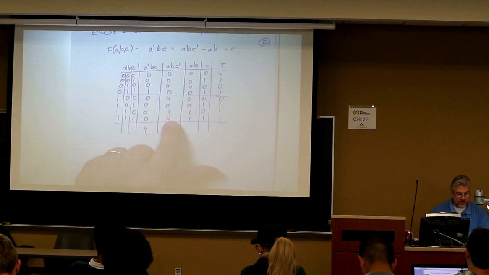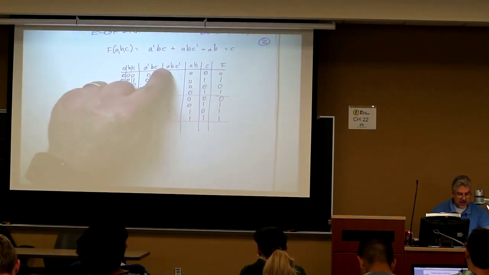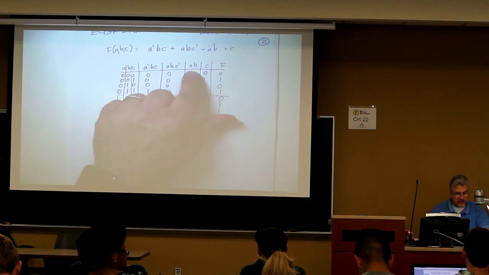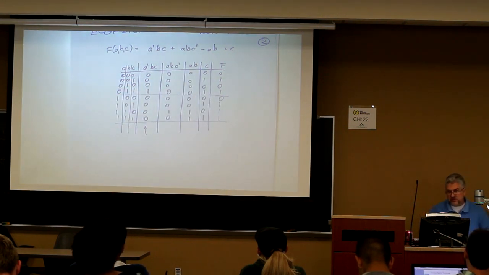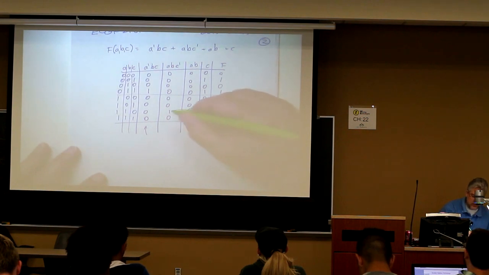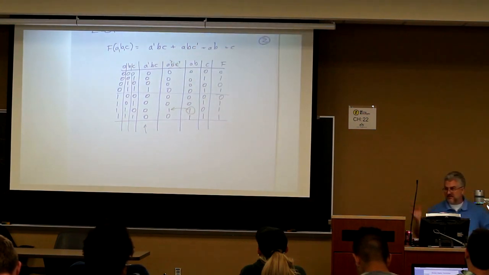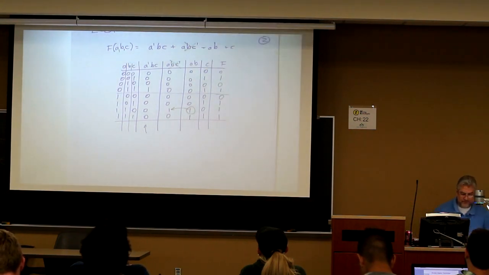Well, we have one here that says A and B and not C, and then we have another one that says A and B. It doesn't matter what C is. Well, heck, look at this. This can represent that one. So you think about it, that's not even needed, right? That's just extra.